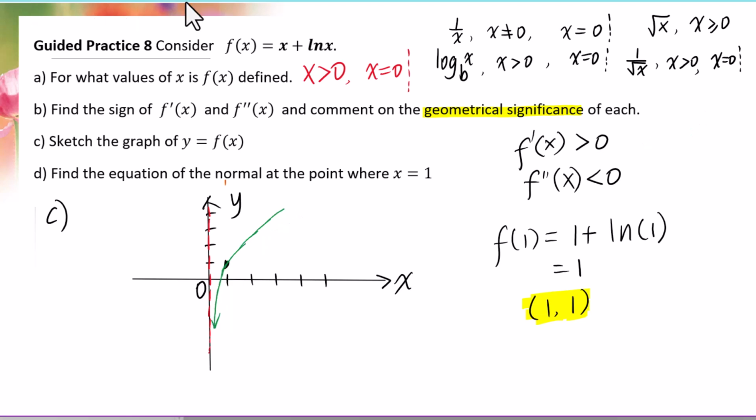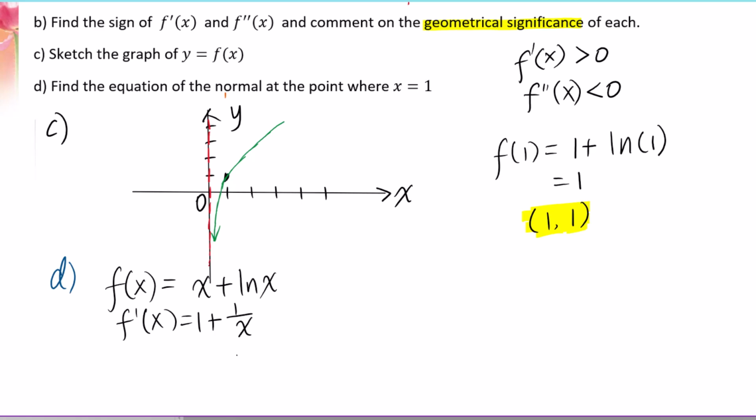B. Find the equation of the normal at the point where x equals 1. For the normal line, we only need the first derivative. The slope of the tangent line equals f prime of 1 equals 1 plus 1 over 1 equals 2. So the slope of the normal line equals -1 over 2.